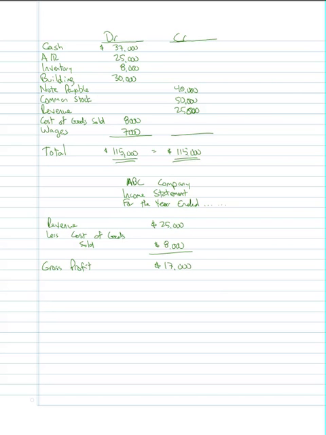You'll notice we didn't have a gross profit account. The gross profit is simply a subtotal that shows up on the income statement. It's not a separate account. We've got an account for revenue, an account for cost of goods sold, but gross profit is simply a subtotal. Any of your subtotal lines on your financial statements won't show up on your trial balance or in any of your accounting records.